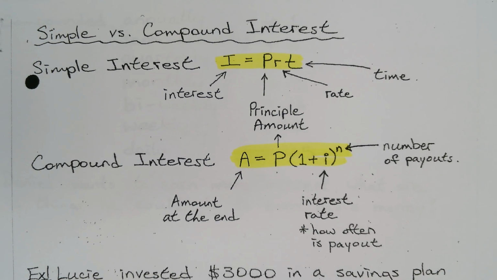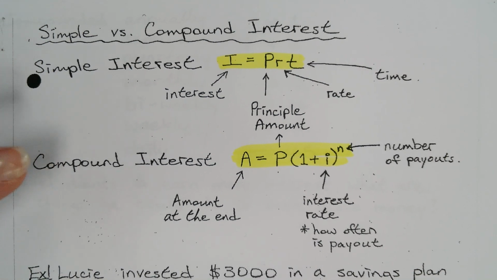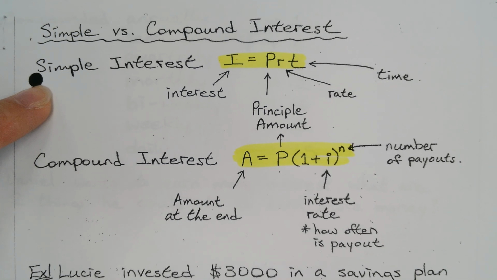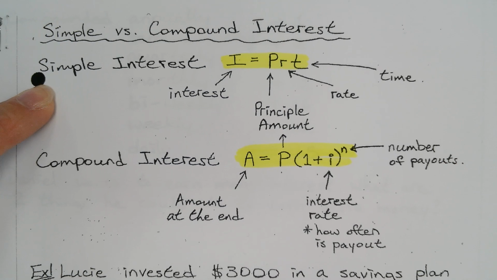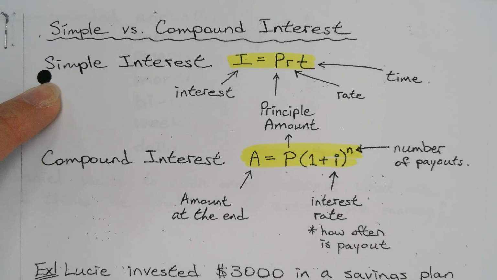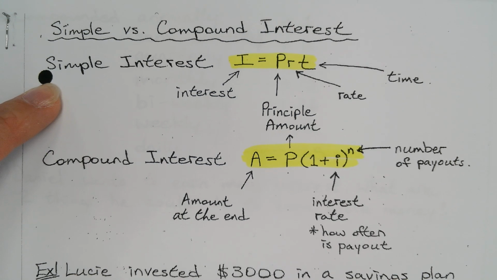The difference between the two is that with simple interest, they just give you an amount at the end of each term, and it's the same amount every term. So for example, if you earn $100 in interest every year, the second year, no matter how much more is in that account, you still just get that 100. And the third year, you still get that 100.